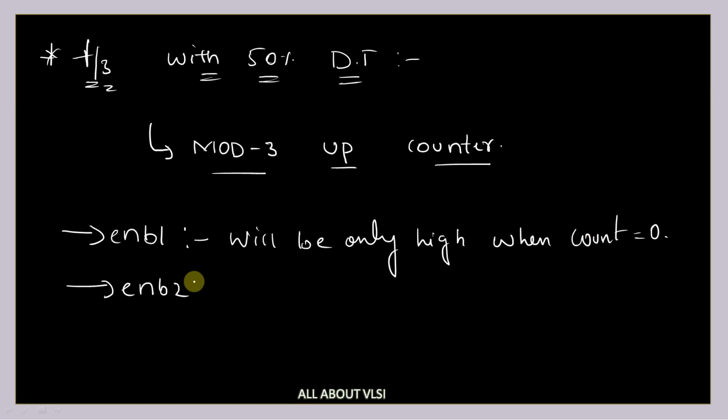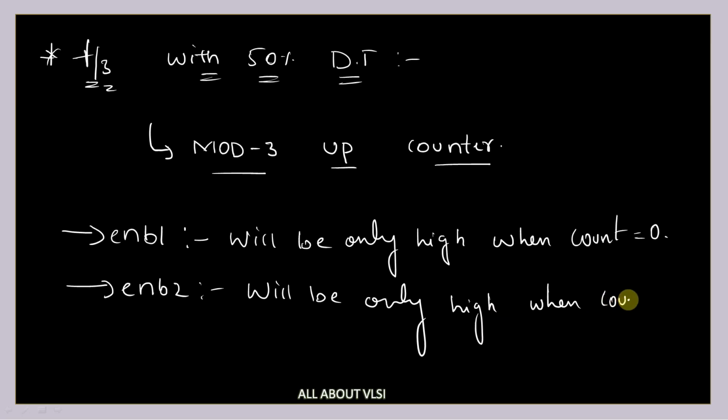Now coming to enable 2, it will be high only when count is equal to 2. Whenever your count is equal to 2, then only enable 2 signal will be high, and in all the rest of the cases our enable 2 signal will be equal to 0.